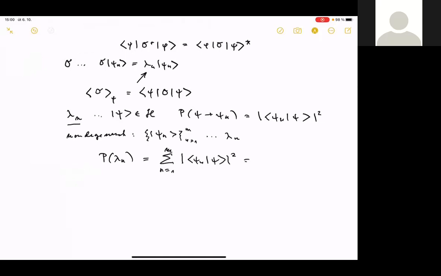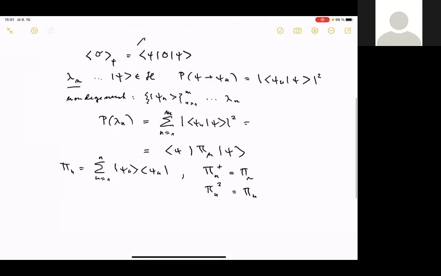This can also be rewritten in terms of sandwiching some operator, which we call P n, given as a sum of one-dimensional projectors onto the eigenvectors with the eigenvalue lambda n. This operator is an orthogonal projector and has very pleasant properties: it is Hermitian or self-adjoint, and its square reproduces this operator.